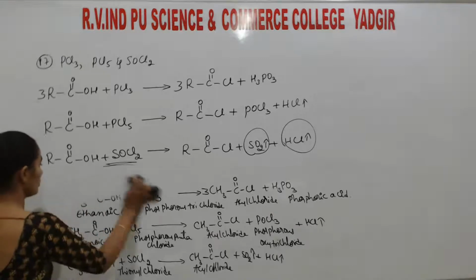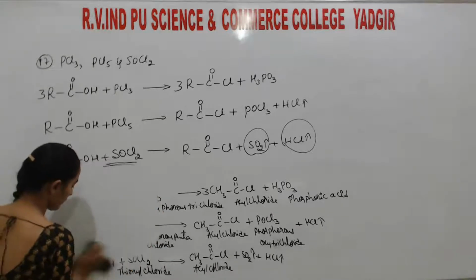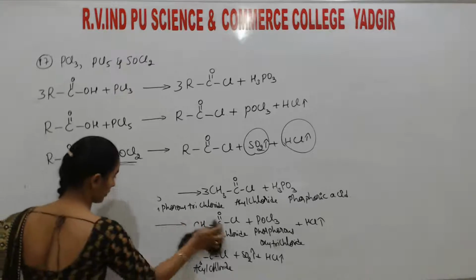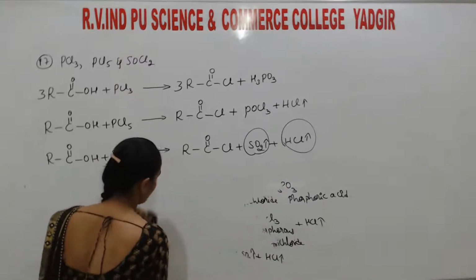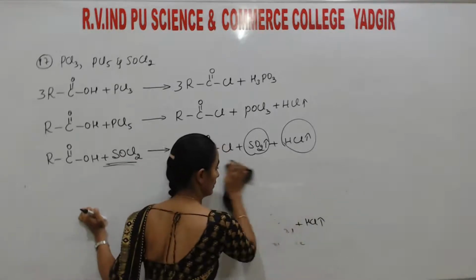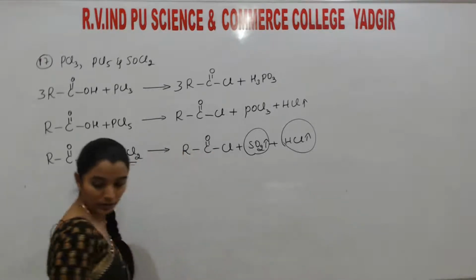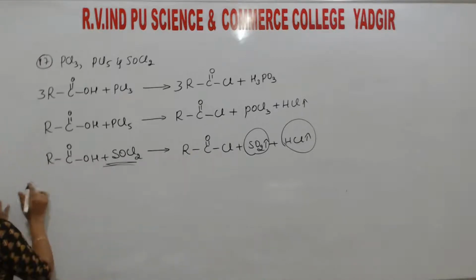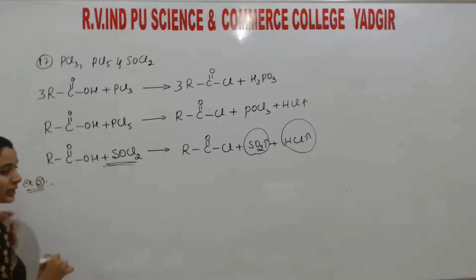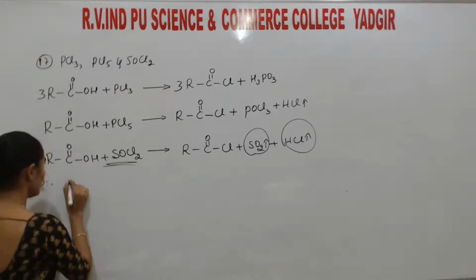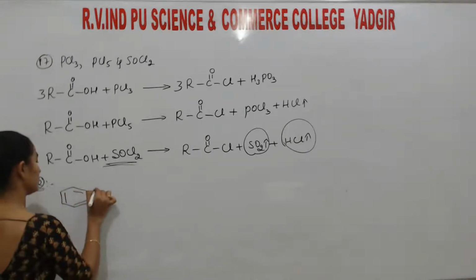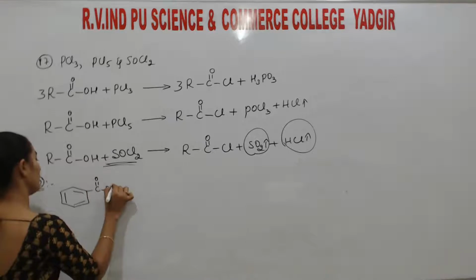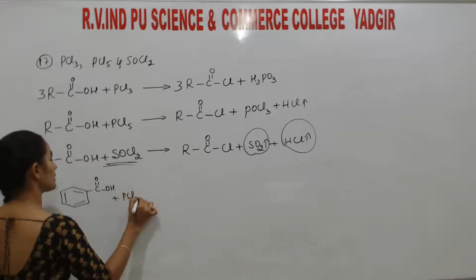So I'll write it also. Okay, so listen, if this R group, that is example 2, is replaced by a benzene ring, so that is benzoic acid, it reacts with phosphorus trichloride.